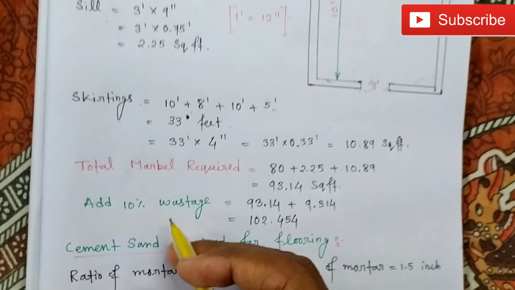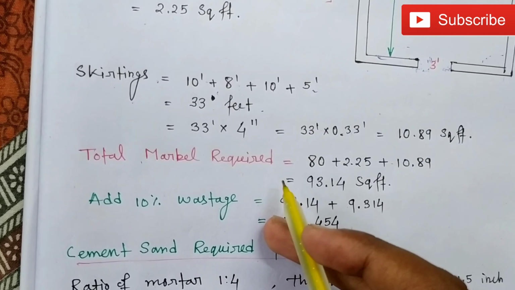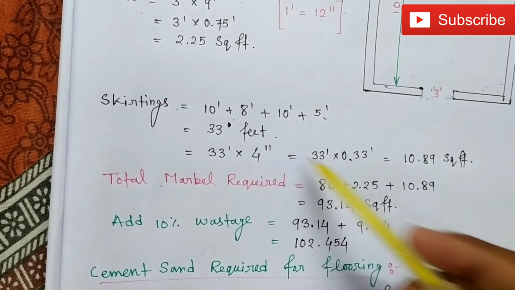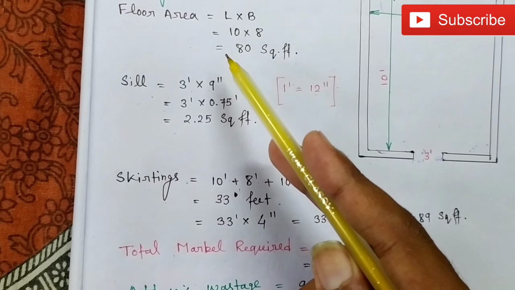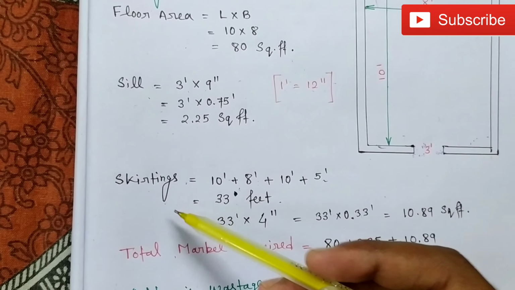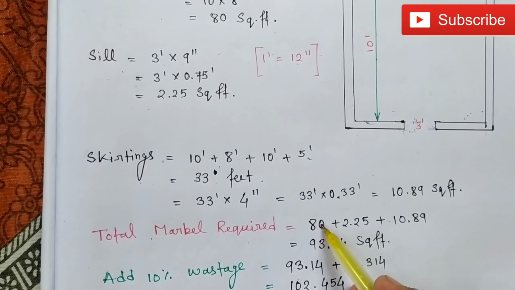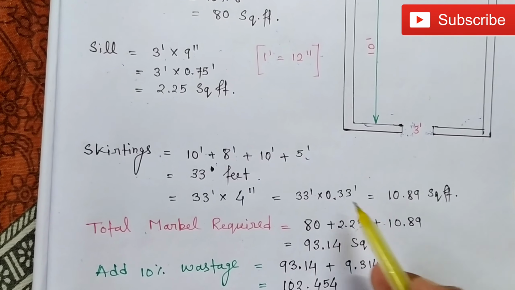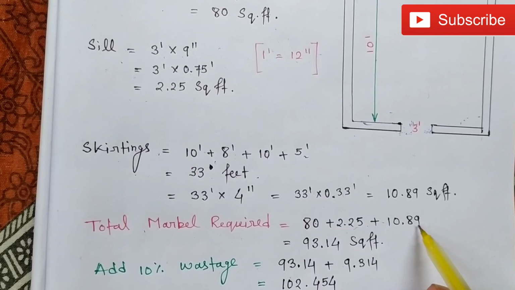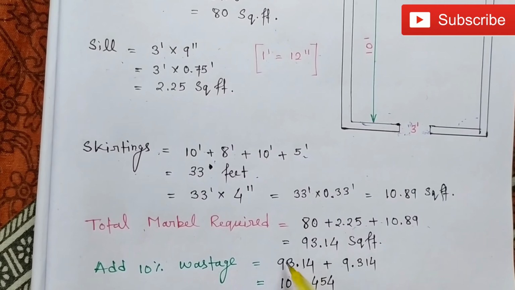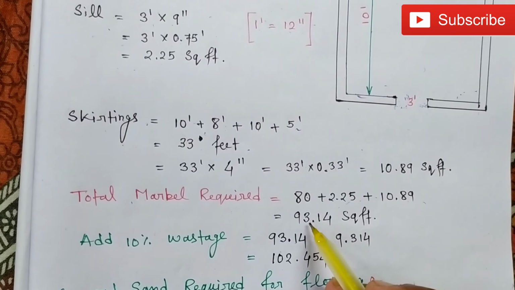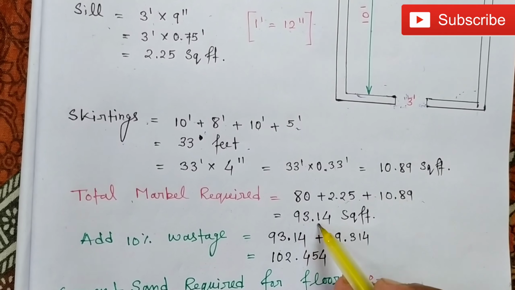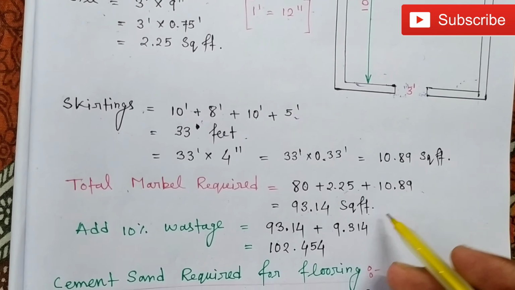Now we calculate the total marble required. Now we add all these areas: floor area, sill area plus skirting area. So 80 is the floor area, 2.25 is the sill area and 10.89 square feet is skirting area. So here our total required marble area is 93.14 square feet.